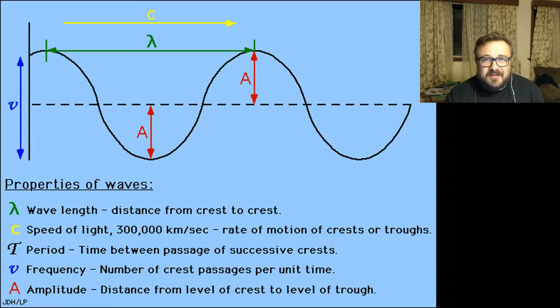Speed changes in different materials, but for each density that it goes through, it is constant. Frequency and wavelength are related to color. Amplitude is the distance from the neutral point through to the crest or the trough. The larger that is, the brighter the wave, or the brighter the light.